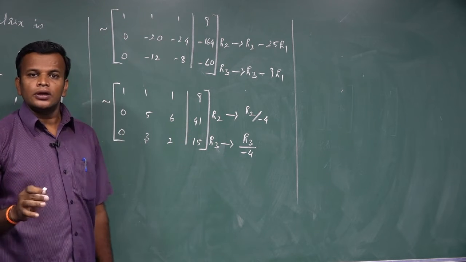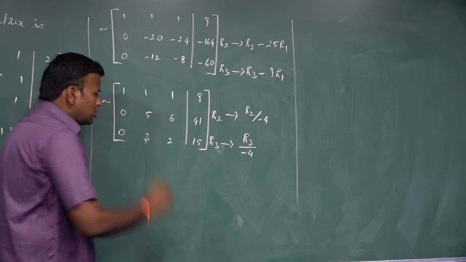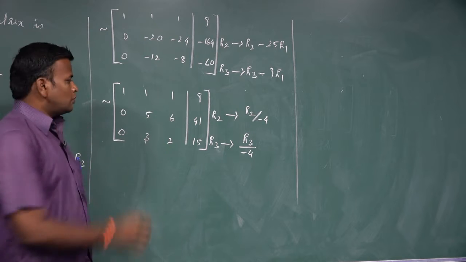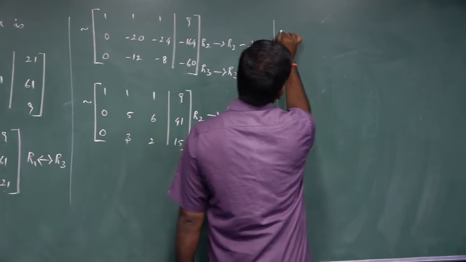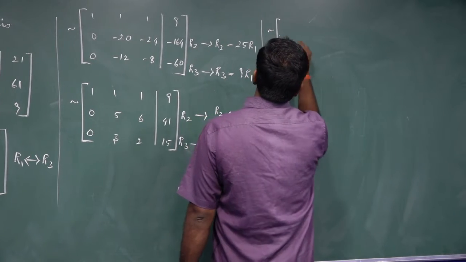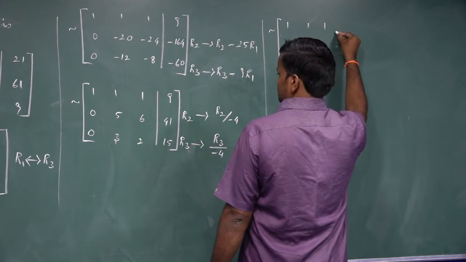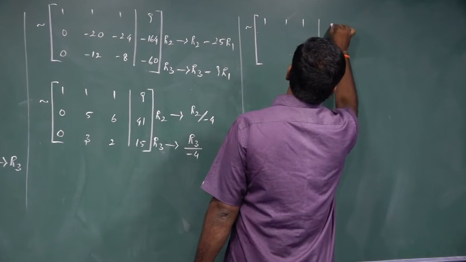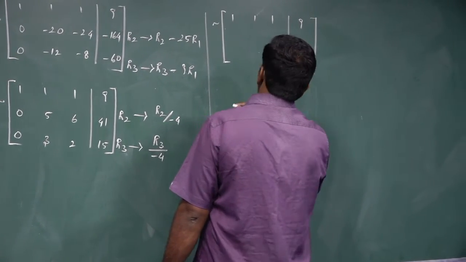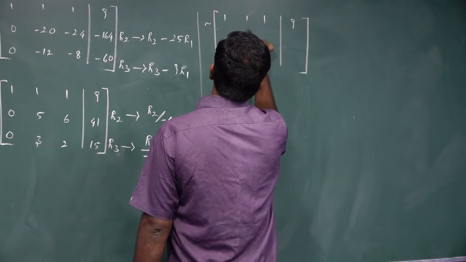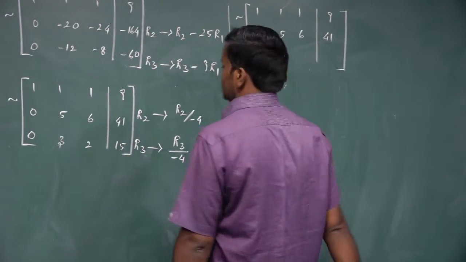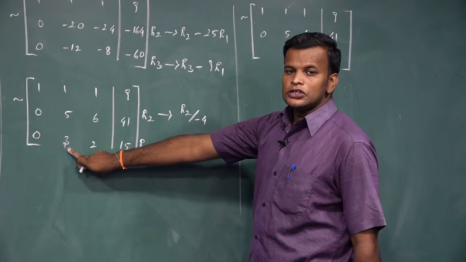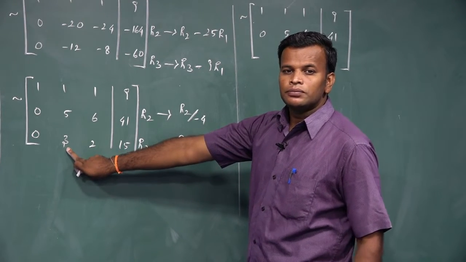It is the only working rule to convert that element to 0. So the first two rows have no change. We write them as they are. First row 1, 1, 1, 9, and second row 0, 5, 6, 41.